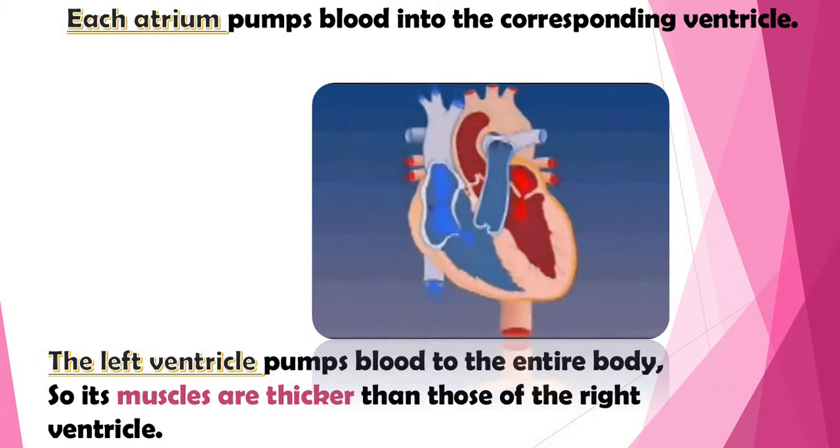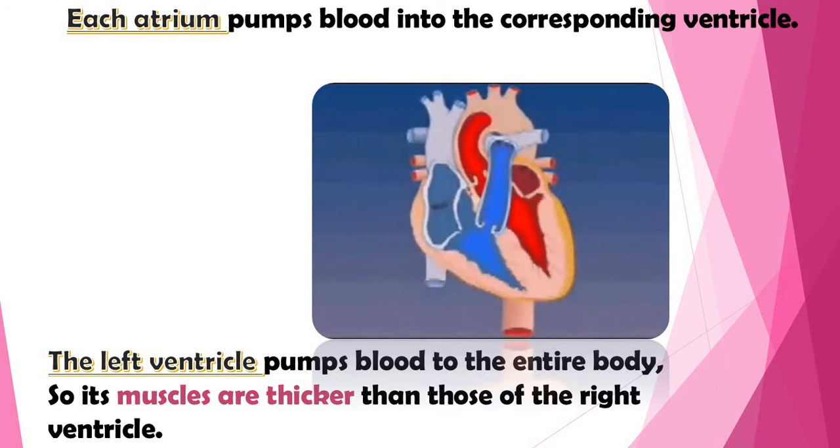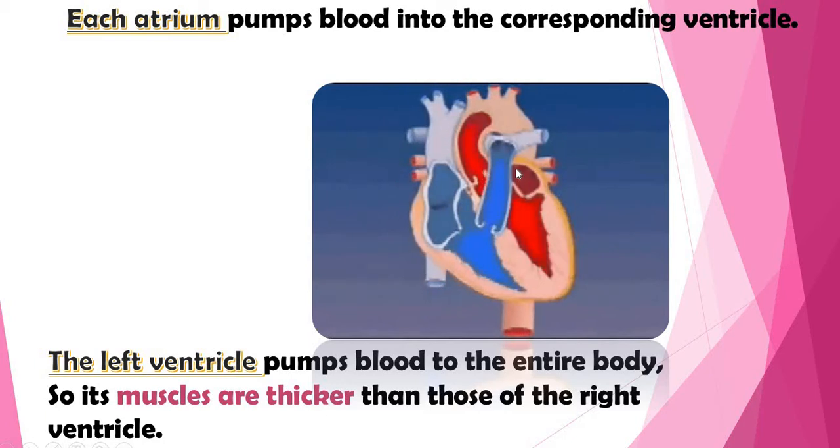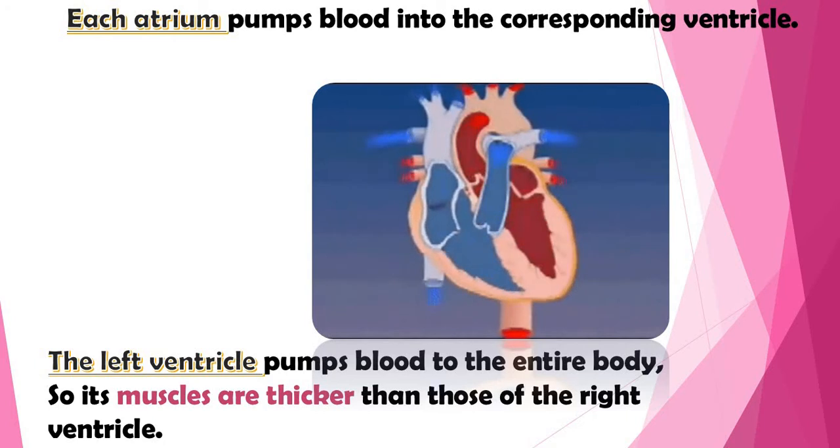So, the left ventricle, this is the left ventricle. This is a mirror image, so the chambers will be on the opposite side. So the left ventricle pumps blood to the entire body.